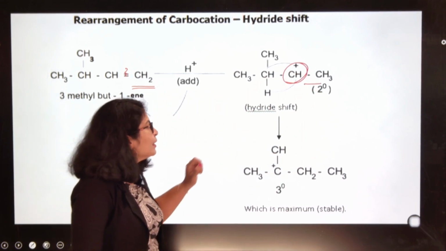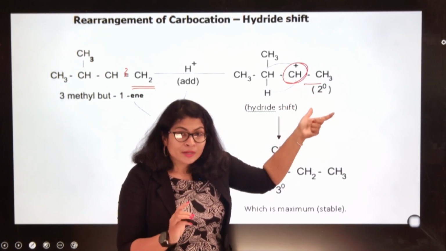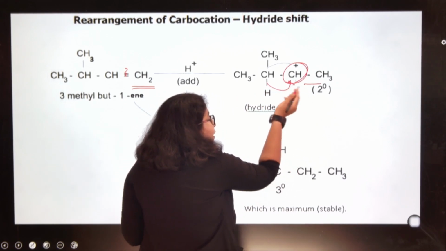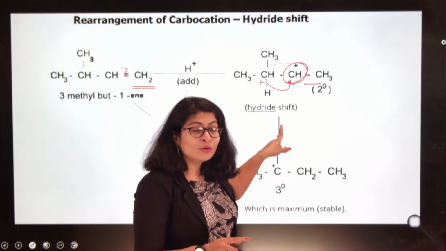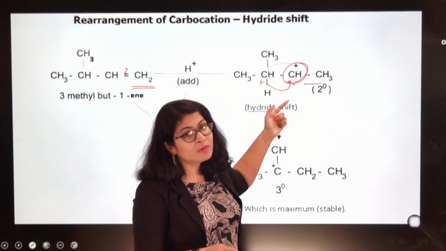Now this CH plus is a 2 degree carbocation, but if I shift this hydrogen atom onto this carbon, then the resulting carbocation will be 3rd degree, which is more stable than 2 degree.